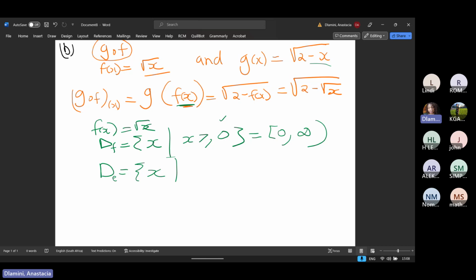Mathematically now, how do we write it? We said everything inside the square root should be greater or equal to 0. Everything under the square root should be greater or equal to 0. That's where you start.